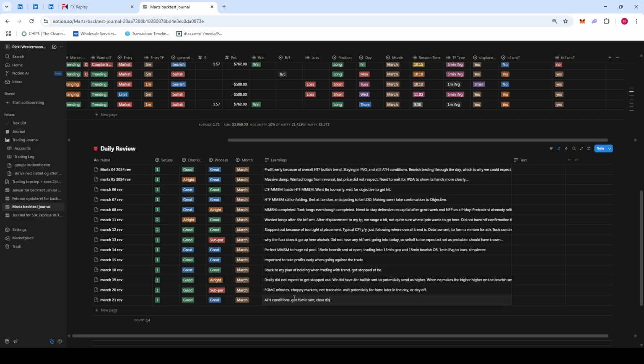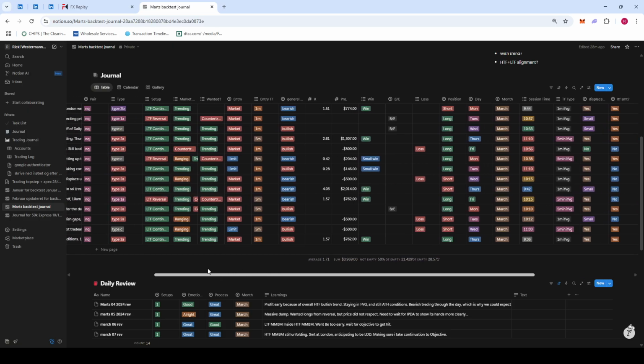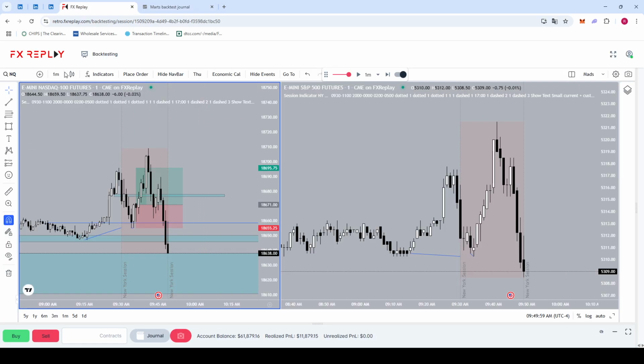Clear displacement. Respecting the 15-minute OB. Again SMT. Very nice. So far this week, if I hadn't taken the FOMC trade, I would have actually been up. So that's something to note.